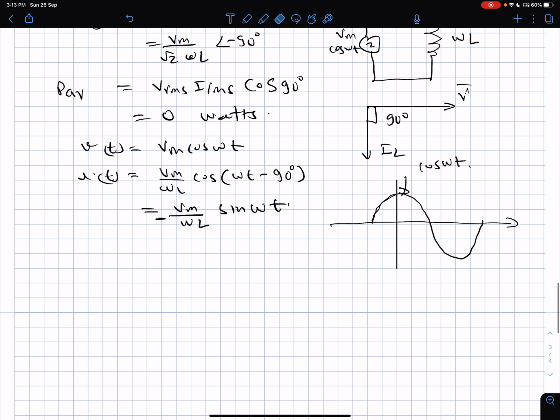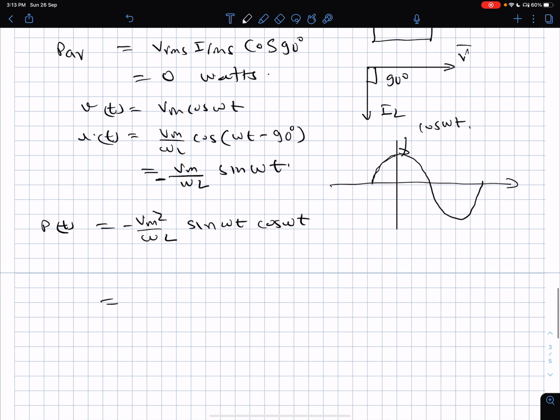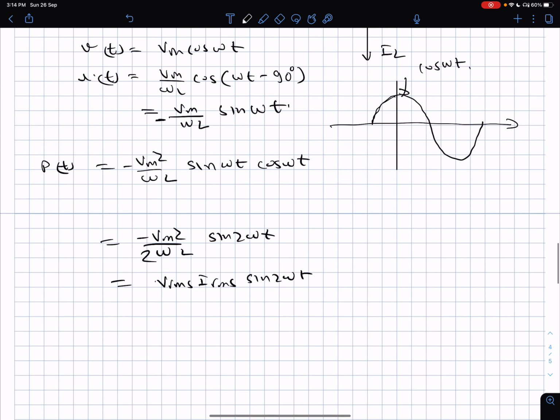And so if you look at the instantaneous power, p of t, that is going to be equal to minus of Vm square by omega L sine of omega t cos of omega t, which is equal to minus of Vm square by omega L by 2 sine of 2 omega t, which is the same as Vrms Irms sine of 2 omega t, the instantaneous power with the minus sign.